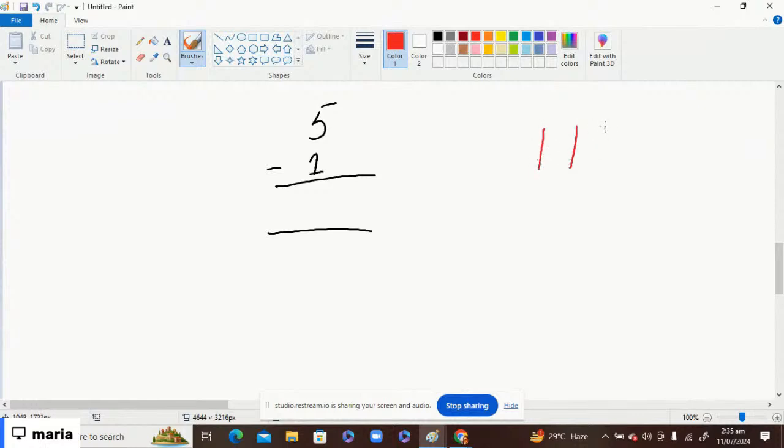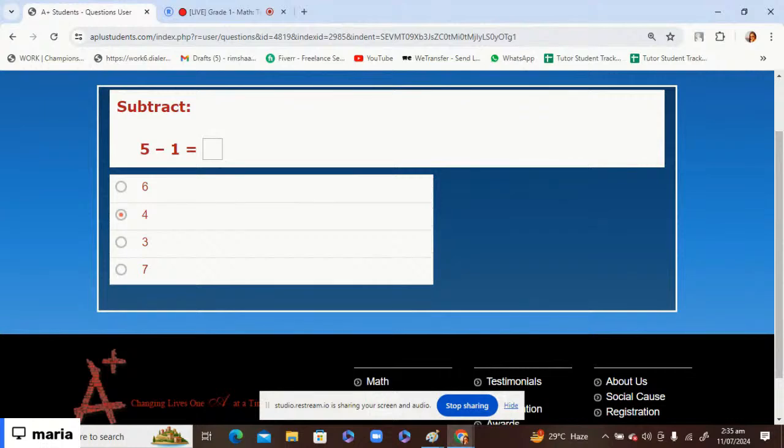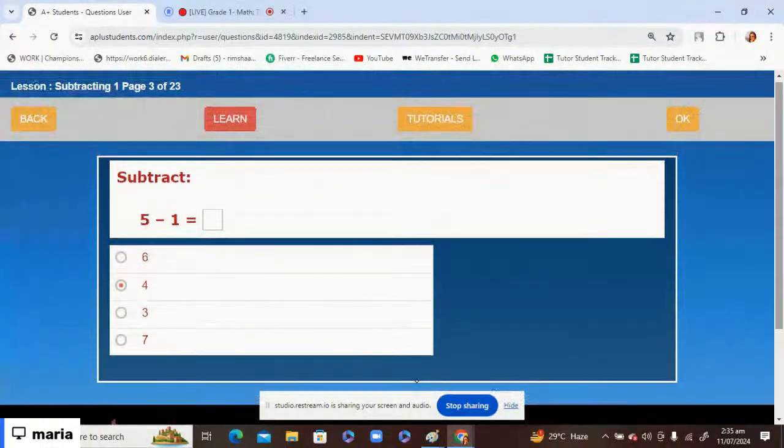One, 2, 3, 4, and 5. So how many lines do you remove? Only one line you are going to remove. How many lines are left? It's one, 2, 3, and 4. 4 lines are left. So the answer is 4. Let's go with this.